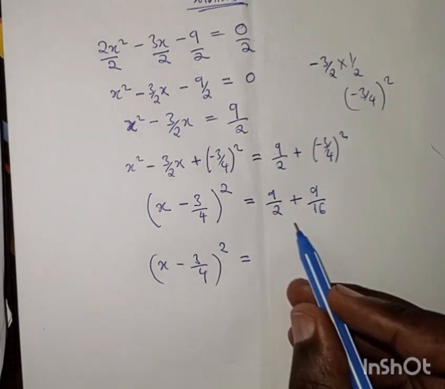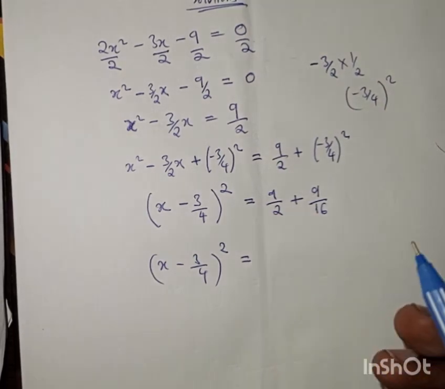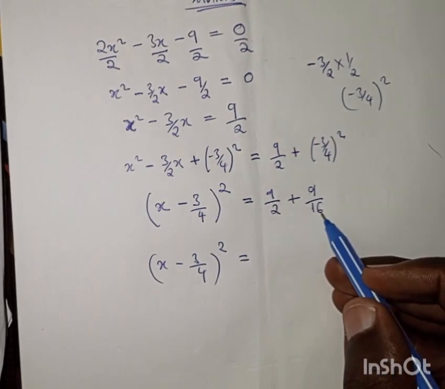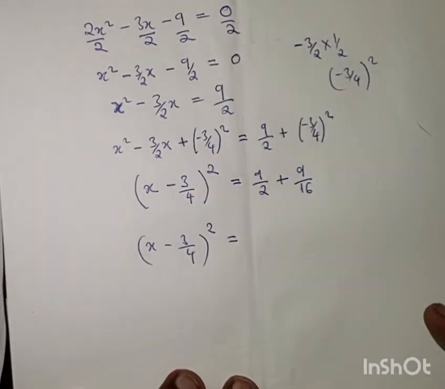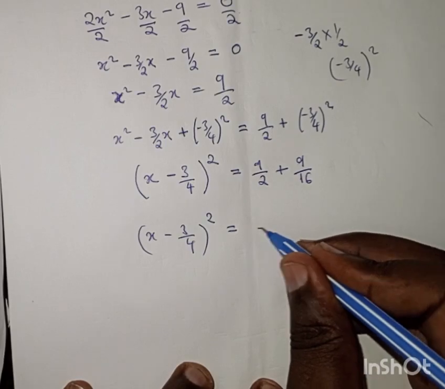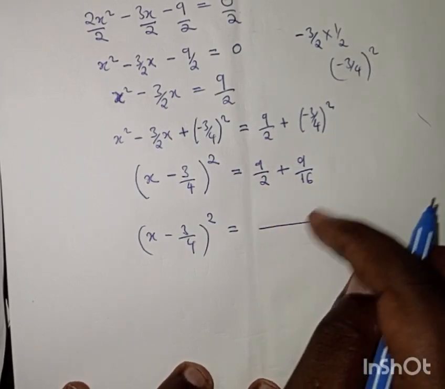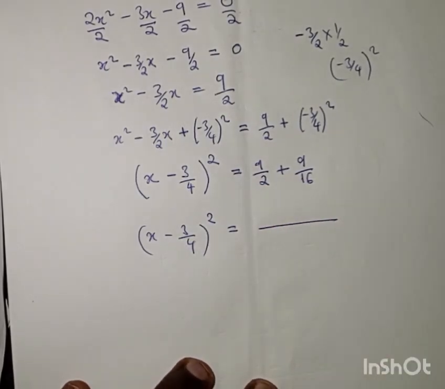Okay, so first you find the lowest common multiple for 2 and 16. So the lowest common multiple is the number which 2 can go into and also 16 can go into. So what is the lowest common multiple for 2 and 16? Yes, 16.